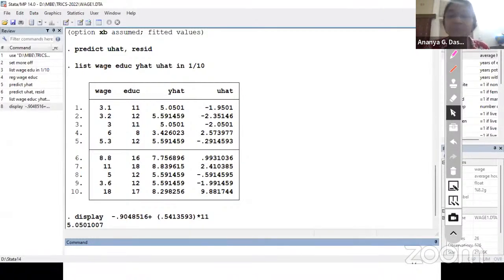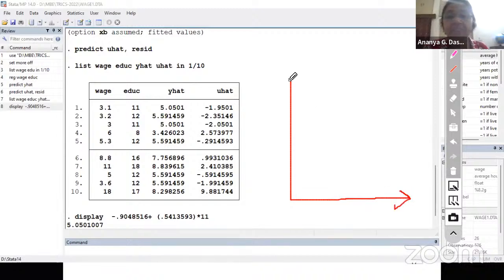This is a point on the line. In other words, if I were to draw this for you, you would get something like this. I have wages here, education here, a scatter, and then I have drawn the line.